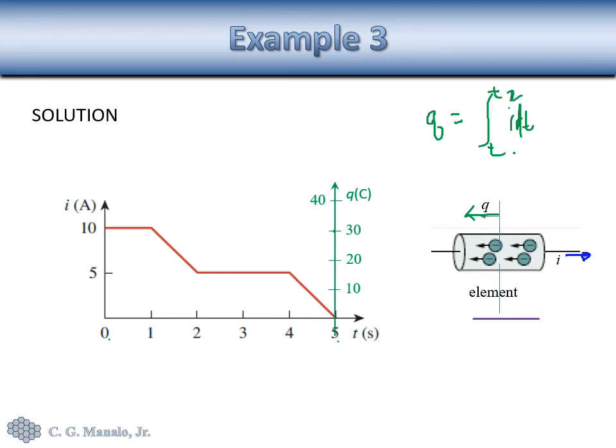Okay, so integration means simply that we're trying to sum up things here. So in our case, since we have a plot for I, this formula really means that we're just taking the area subtended by I with respect to the horizontal axis.